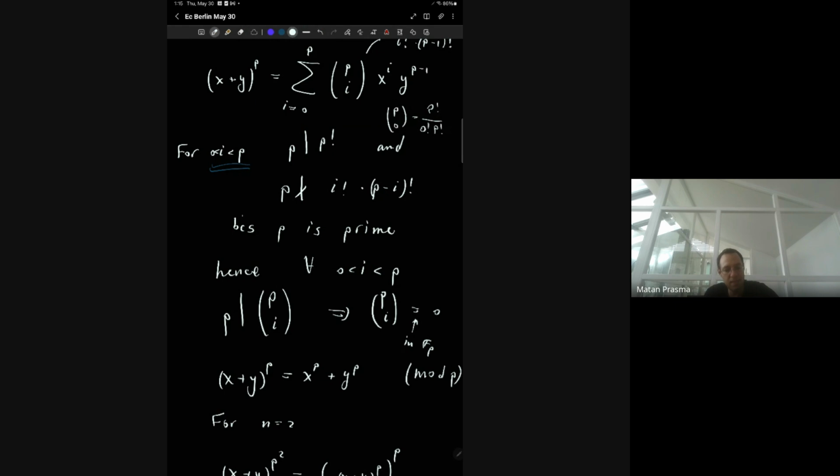Now, what is the monomial corresponding to the first coefficient? That is, what is this x and y term when i is equal to 0? When i is equal to 0, this is x^0 times y to the, here this is not p minus 1, this is p minus i.